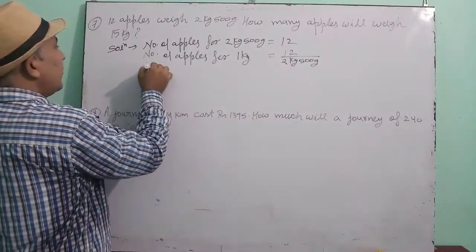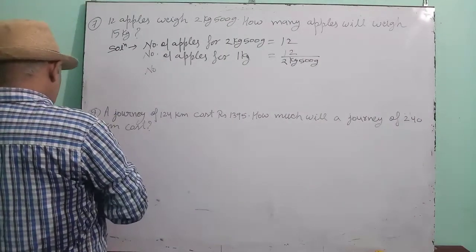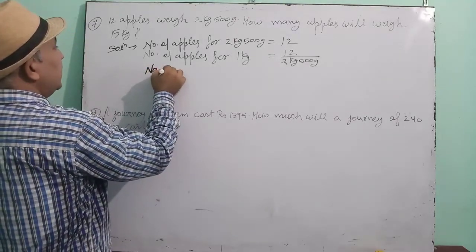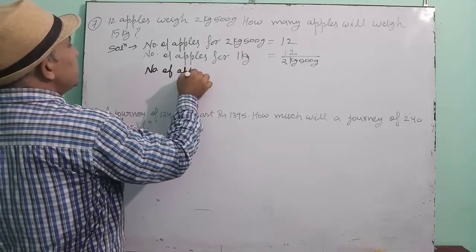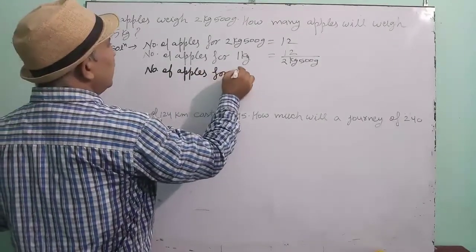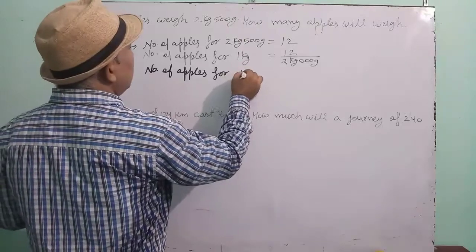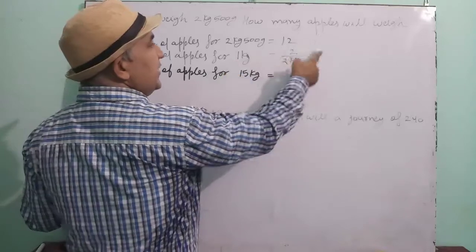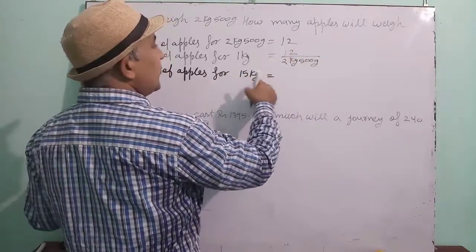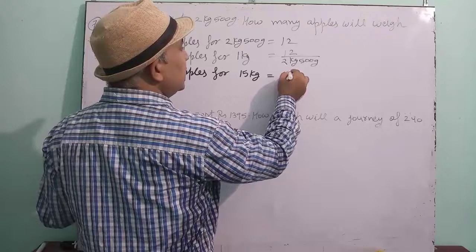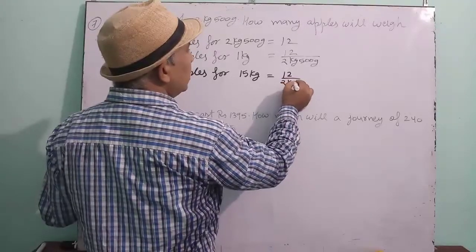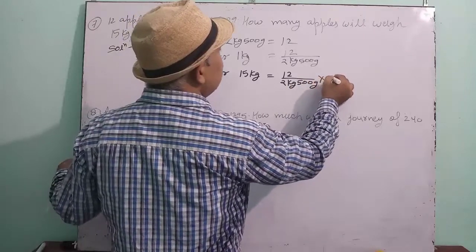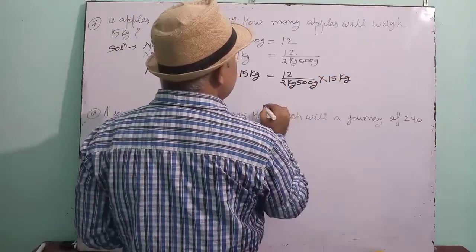Okay, now find number of apples for 15 kg. For 1 kg this many apples, so for 15 kg more apples will be there. So 12 upon 2 kg 500 gram is multiplied by 15 kg.